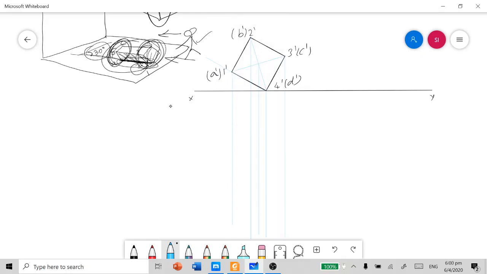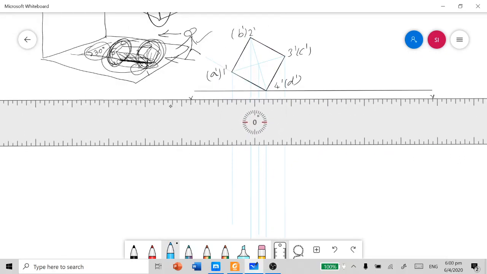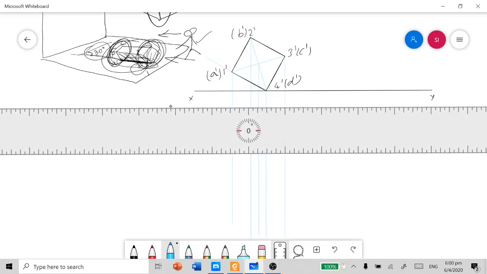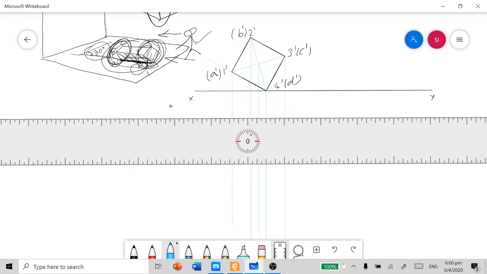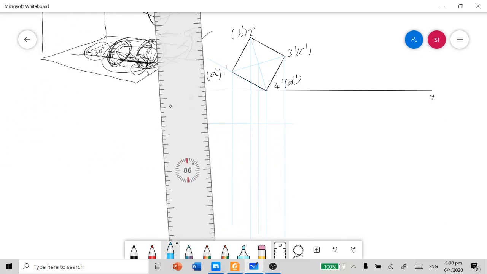Now we can start to draw the lateral portion of the solid in this problem, approximately 10 to 15 mm below the XY. I can start to draw the lateral view. The axis height given in the problem is 70 mm.